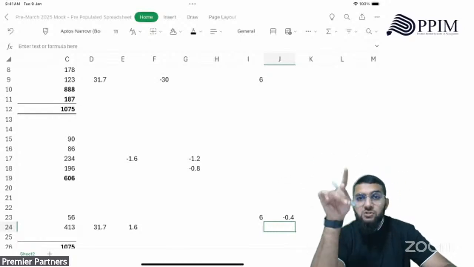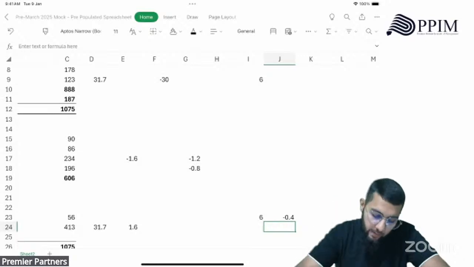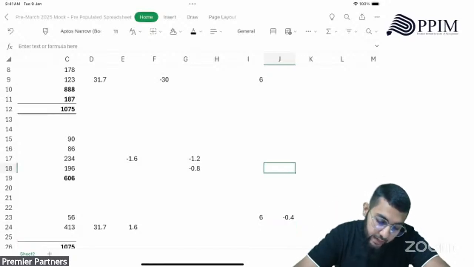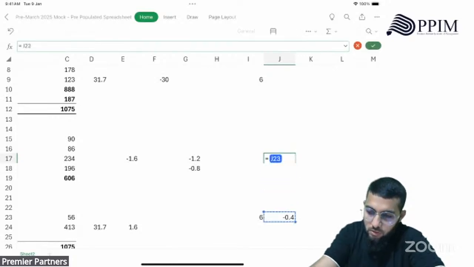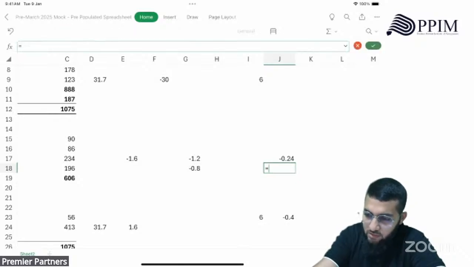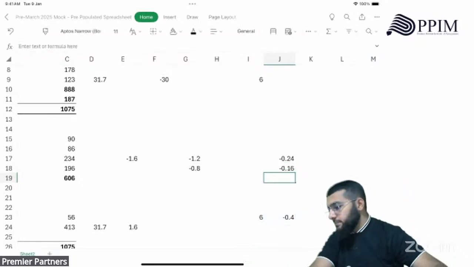Now, income tax is also going to impact both parent and NCI, so that's attributed to both accordingly, based on their percentage: 0.6 for the parent and 0.4 for the NCI.